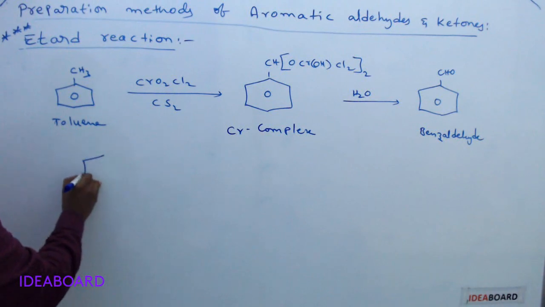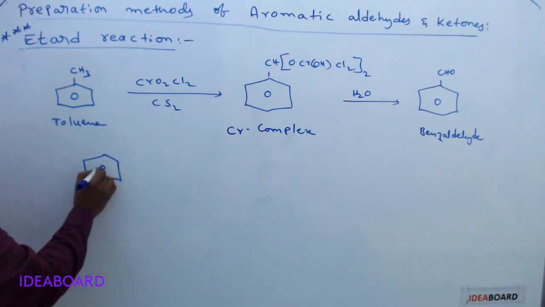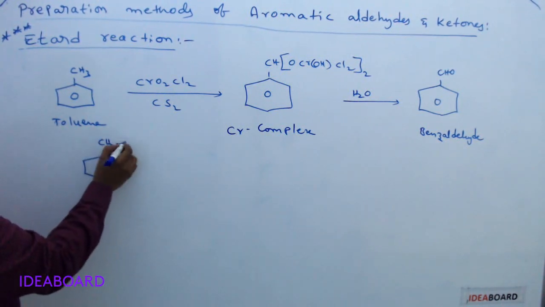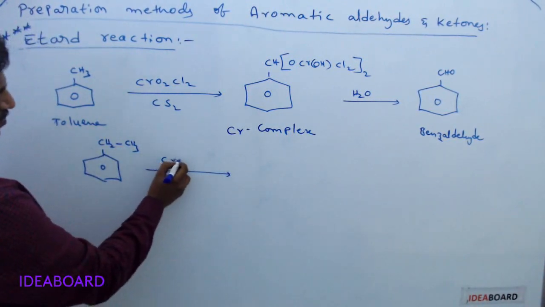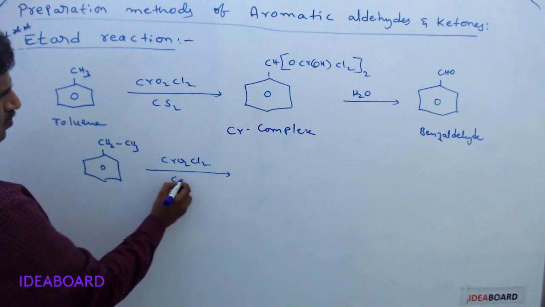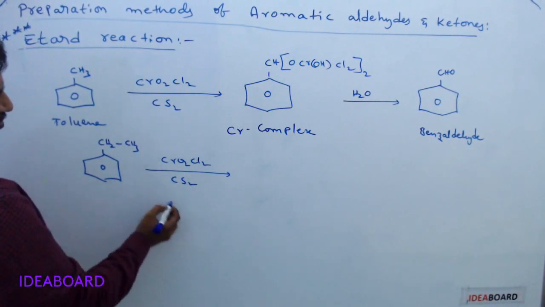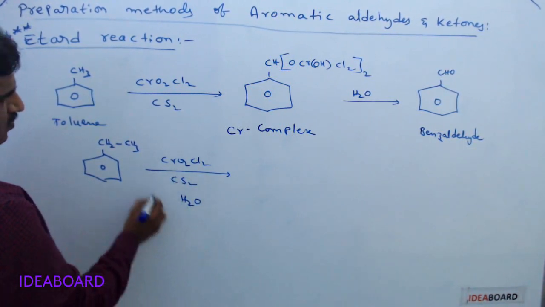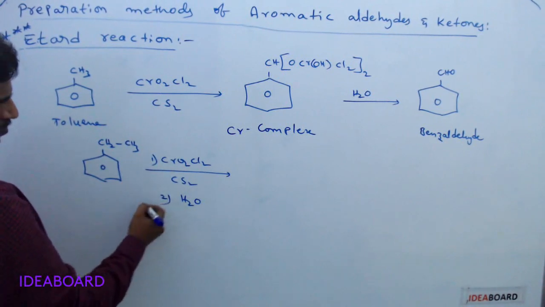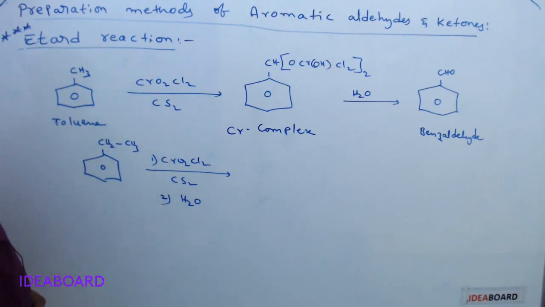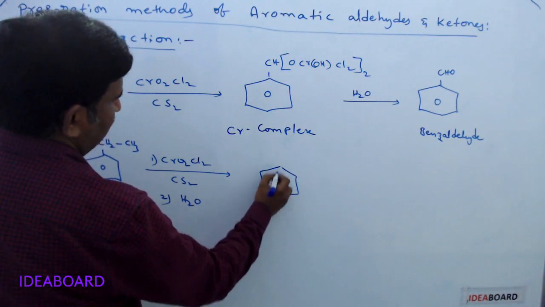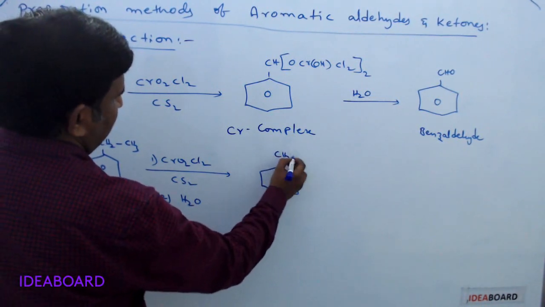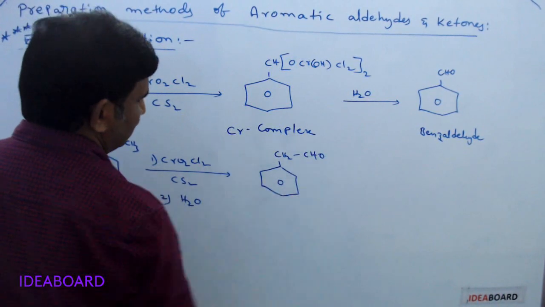And suppose you have an ethyl group, for example CH2CH3, then in the presence of CrO2Cl2 and carbon disulfide followed by hydrolysis, what is the product? We think we will get a ketone, but here it is not giving ketone, it again gives aldehyde only.